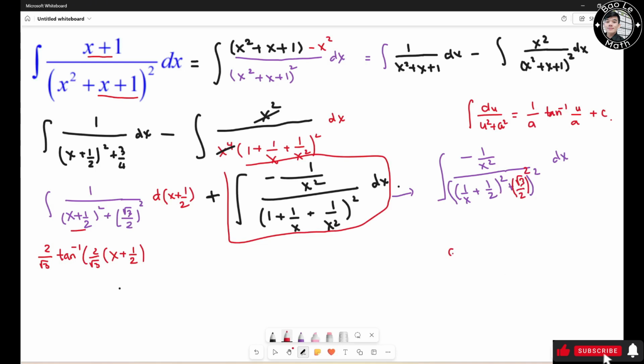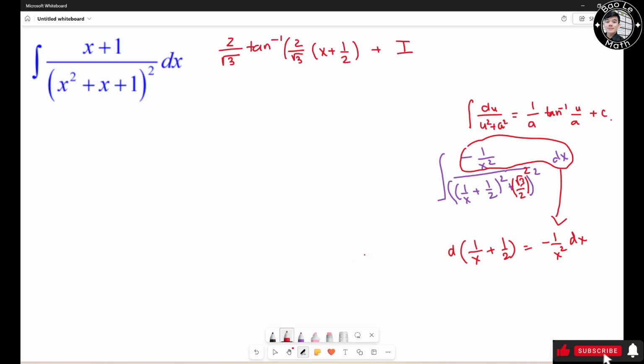Observe that if I take the derivative of 1/s + 1/2, it turns out to be negative 1/s² ds, so I just replace this with this.